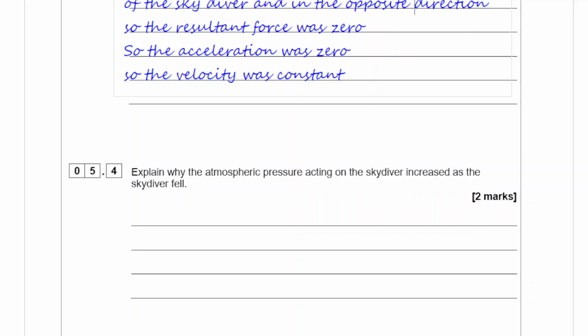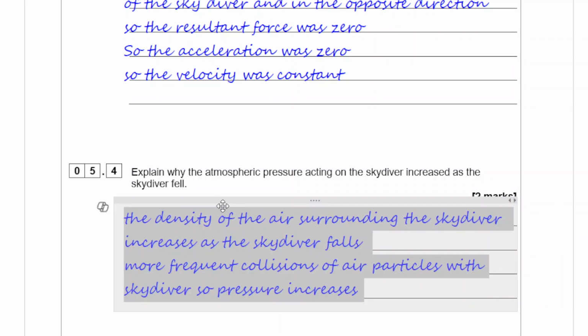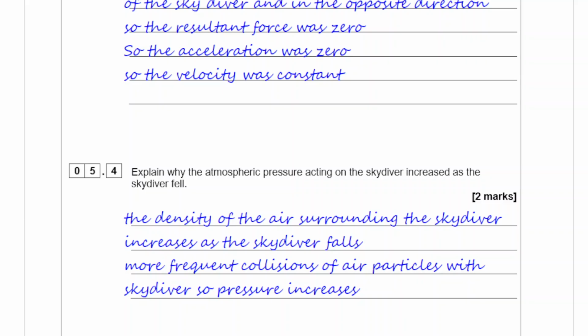So as he's falling through, density increases because there are more collisions between air particles and the diver as well. So here's the answer for it. The density of the air surrounding the skydiver increases as the skydiver falls. There are more frequent collisions of air particles with the skydiver, so the pressure increases.